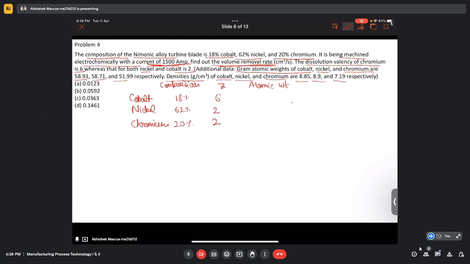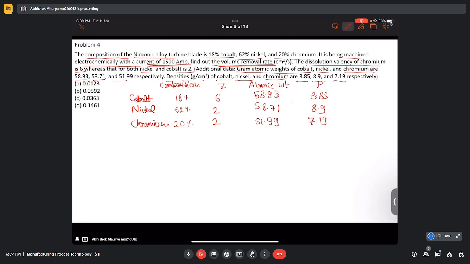So we will note down all the gram atomic weights, that is 58.93 and 58.71 and 51.99. And what else is given? Density rho is given. So that is 8.85, 8.9 and 7.19.